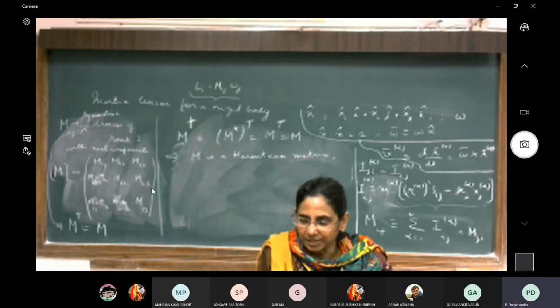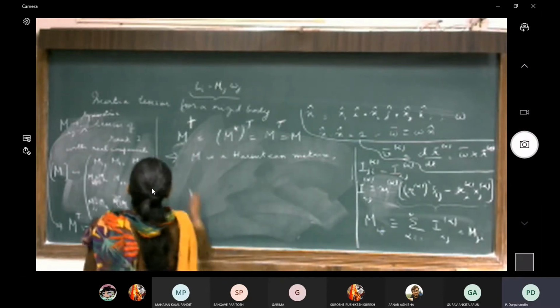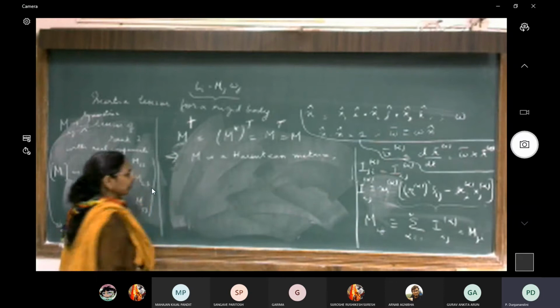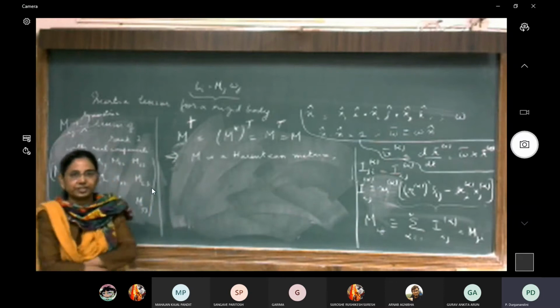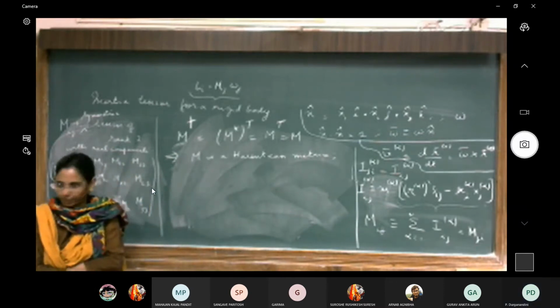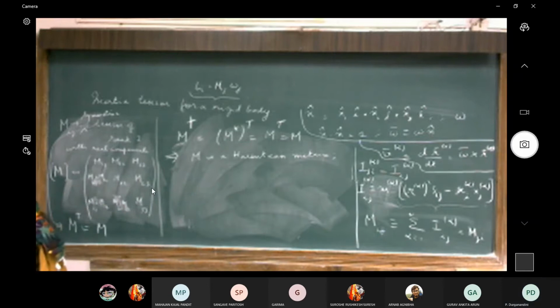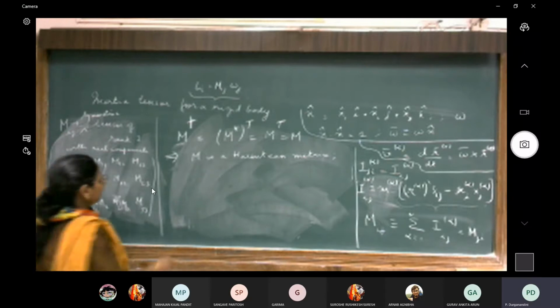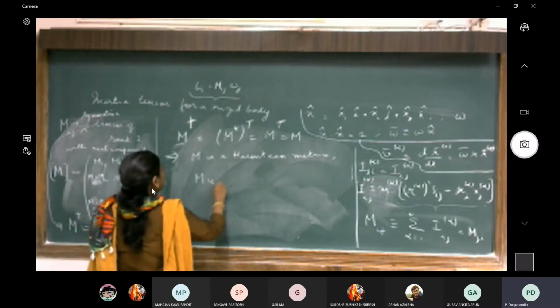I would like to diagonalize, but when I want to diagonalize a matrix, what do you do? We already discussed this yesterday. If I wish to diagonalize a matrix, I find the eigenvalues. Again, I solve the corresponding eigenvalue problem.